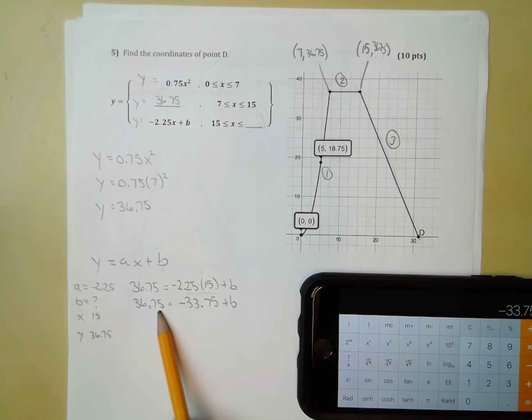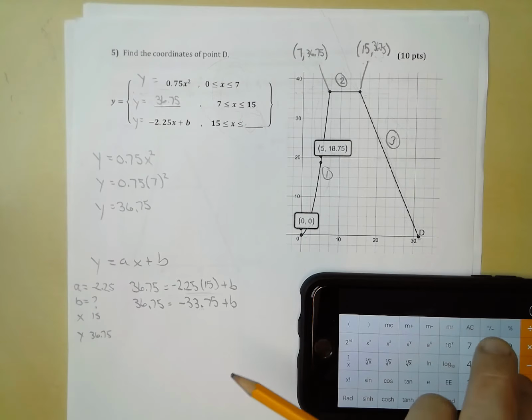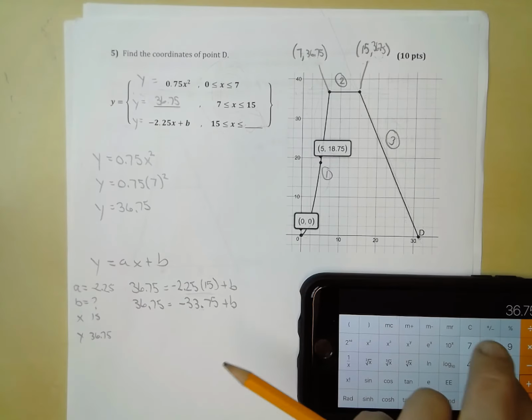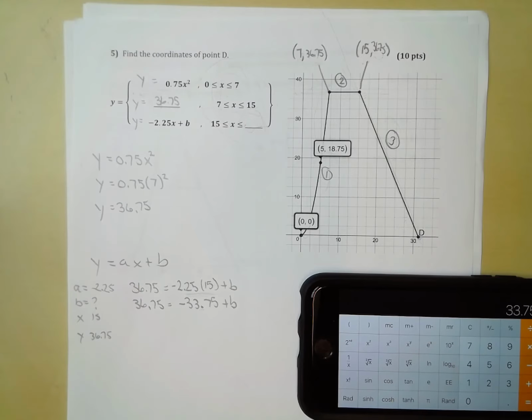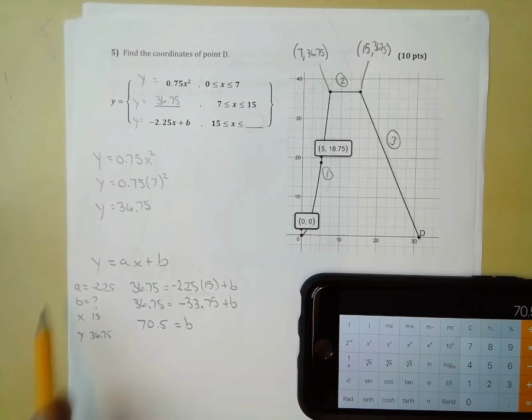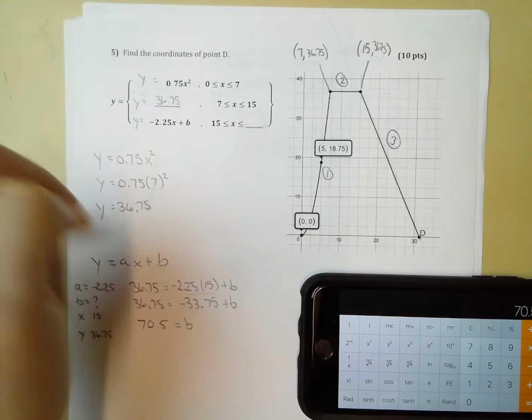So 36.75 plus 33.75. If my voice puts you to sleep, certainly that sneeze will wake you up. And that gives me 70.5. So there's the b. So I now have a complete equation here. I know that that b is 70.5.